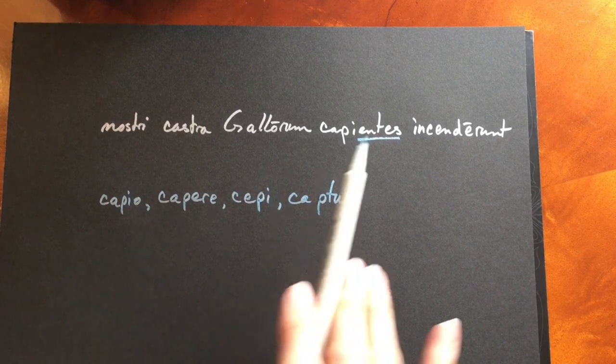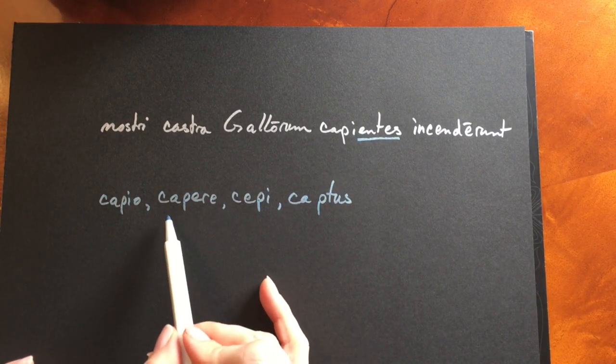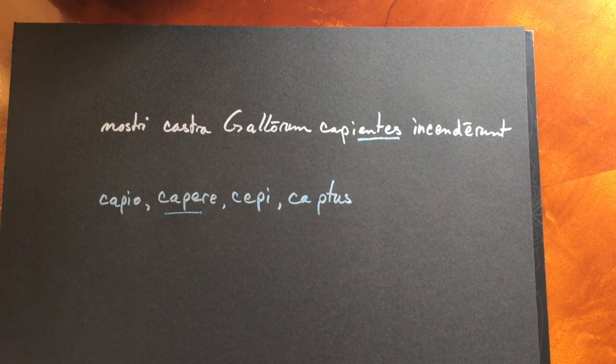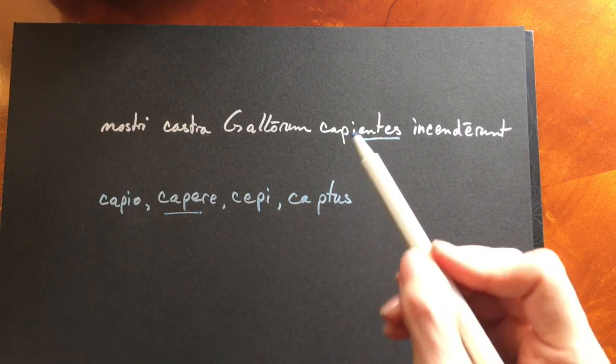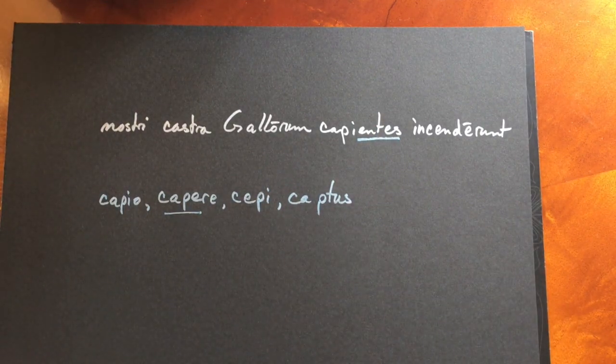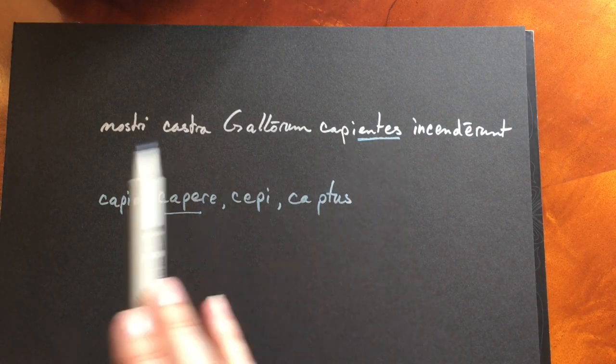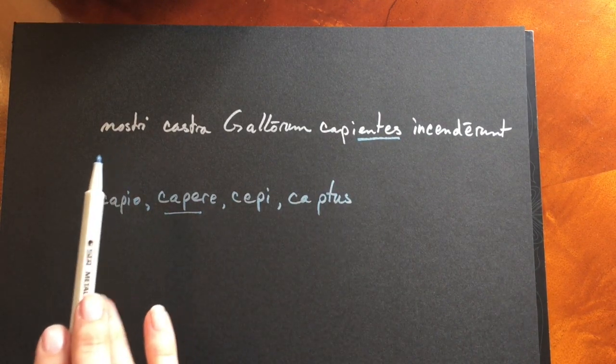When we construct a present participle, we're using the second principal part. We add an I, our vowel, and the N, and the ending will match our subject because it's active.